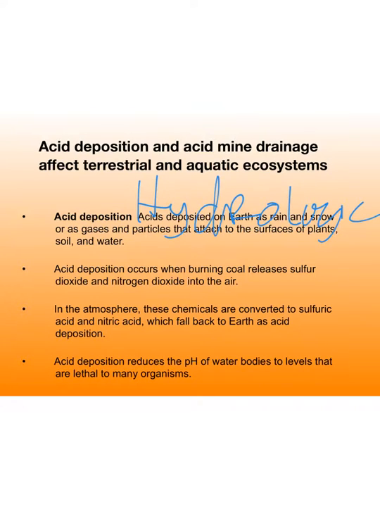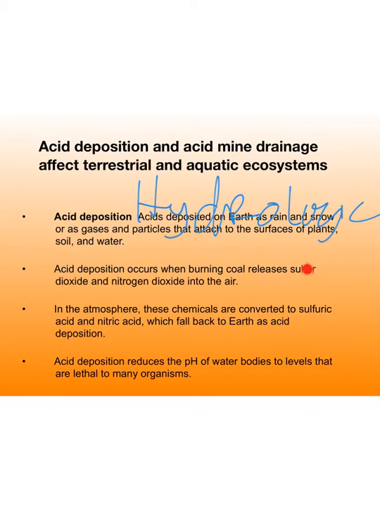Remember the hydrologic cycle, the precipitation and vaporization, deposition, all that stuff. Now just throw heavy metals into the mix, and you basically understand how acid rain moves, right? But always be able to relate the water cycle to things like this, nutrient cycles and acid deposition.